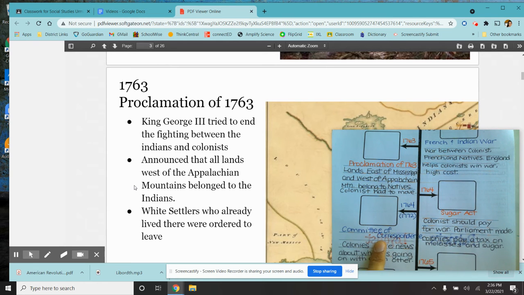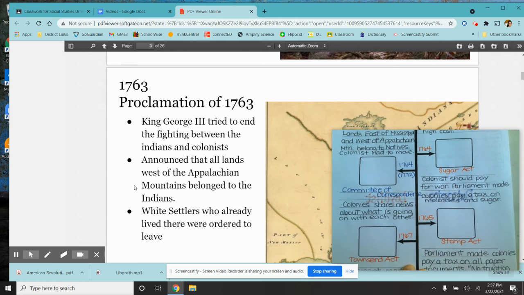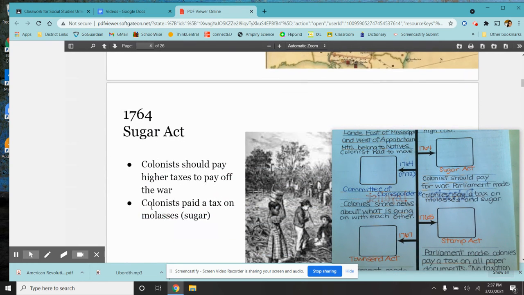Then we have the Committee of Correspondence. Now, I put 1764, but then 1772, because in 1772 is when all of the colonies fully joined. So before that it was only some of the colonies, but eventually all of them get on board. Oops, forgot the Sugar Act.